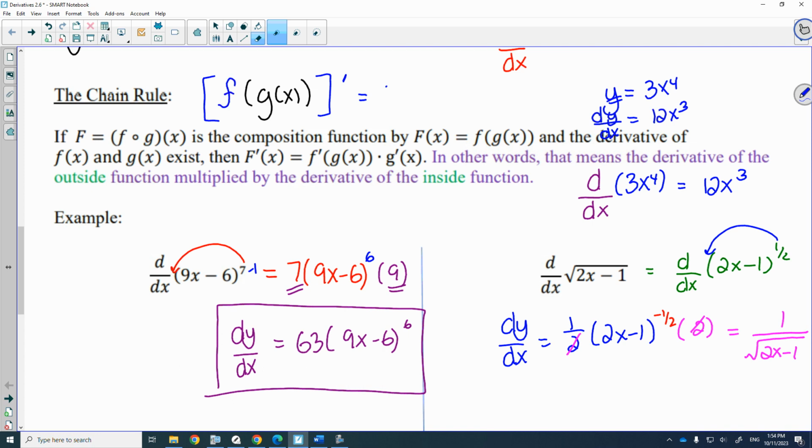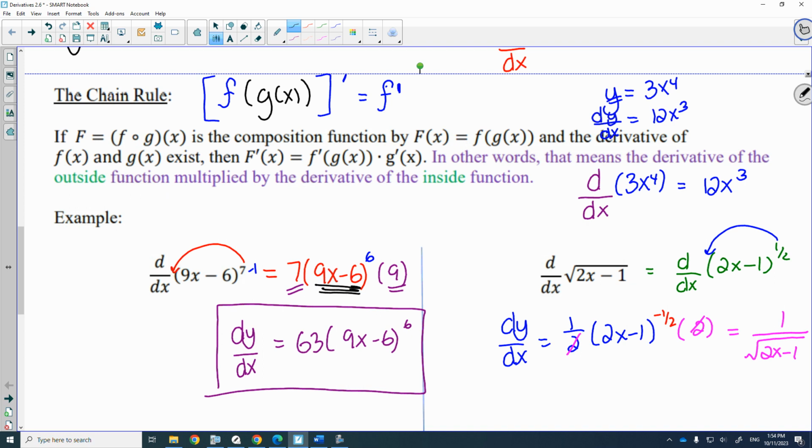Okay, so if it was written like this, what's my outer function between f and g? F. So what it's going to look like is we take the derivative of the outer function, so that would be f prime. The inner function, we've been keeping it exactly as is, right? So we've been bringing the 7 down, and then we've been keeping the inner function exactly as is. So the inner function is g of x.